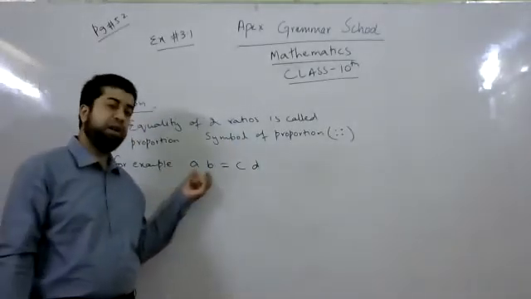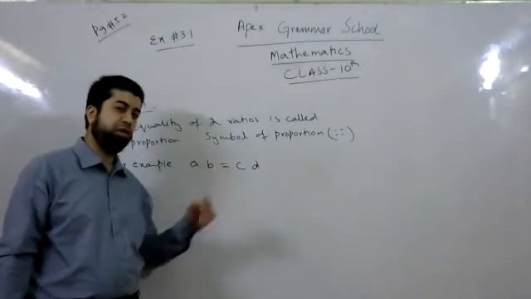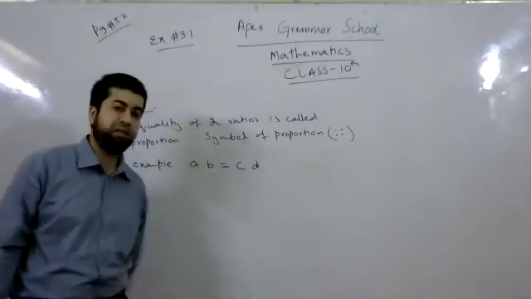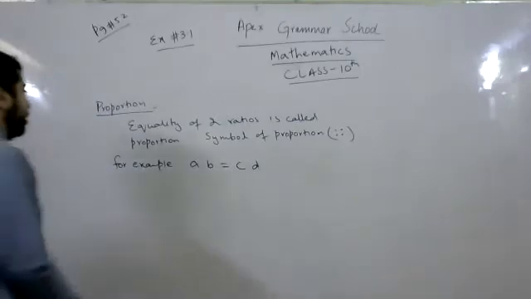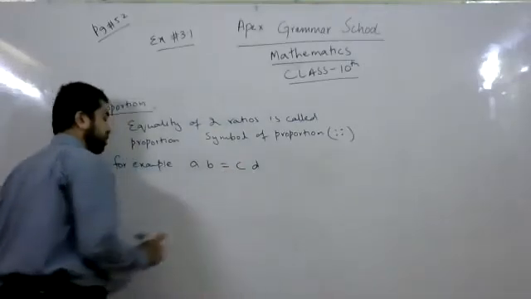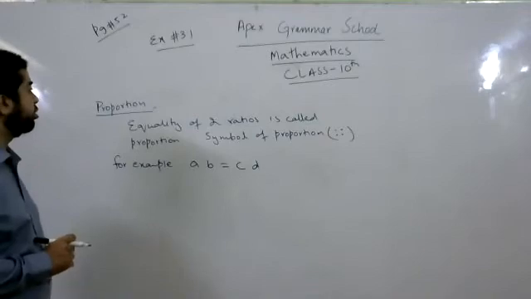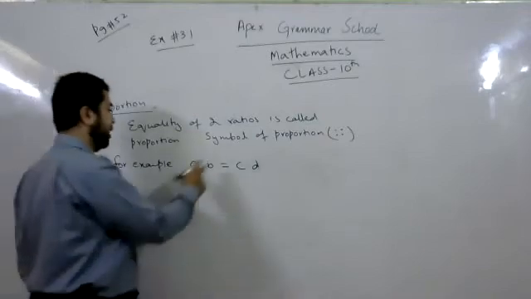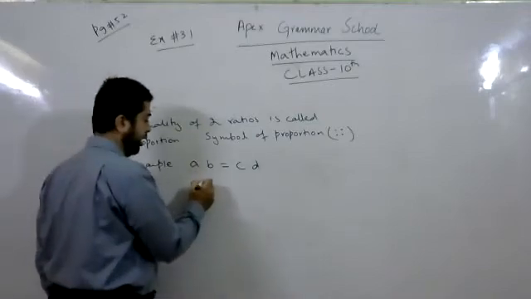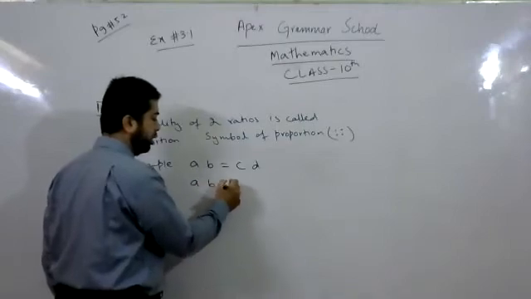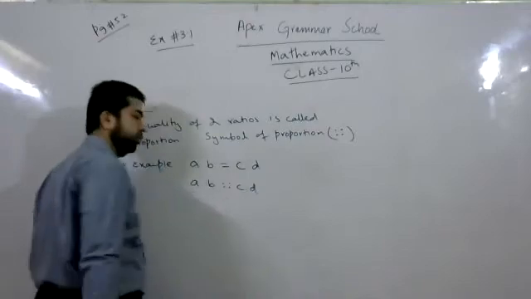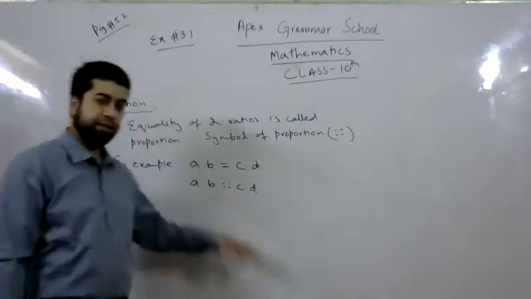This is the symbol of proportion. This is one ratio, A ratio B, and the second is C ratio D. Between them is the equality sign. So we can say that A ratio B is equal to C ratio D. This is called proportion. We can write it as A ratio B proportion C ratio D. And that's it.